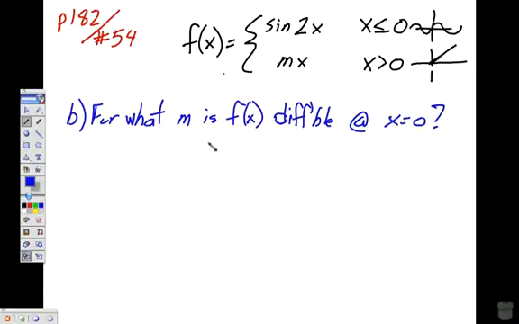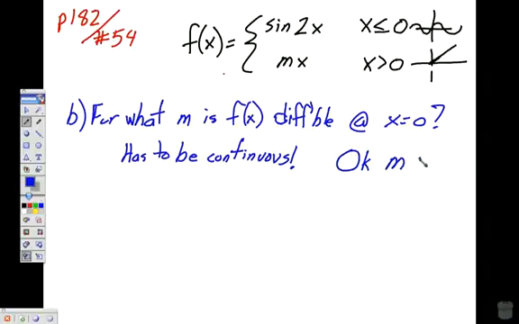Okay, when is it differentiable? Well, remember, differentiability implies continuity. So it has to be continuous. It can't be differentiable if it's not continuous. So we've got to make sure it's continuous. Hey, lucky us. We just saw that it was continuous no matter what value of m we put in there. So we're okay here.